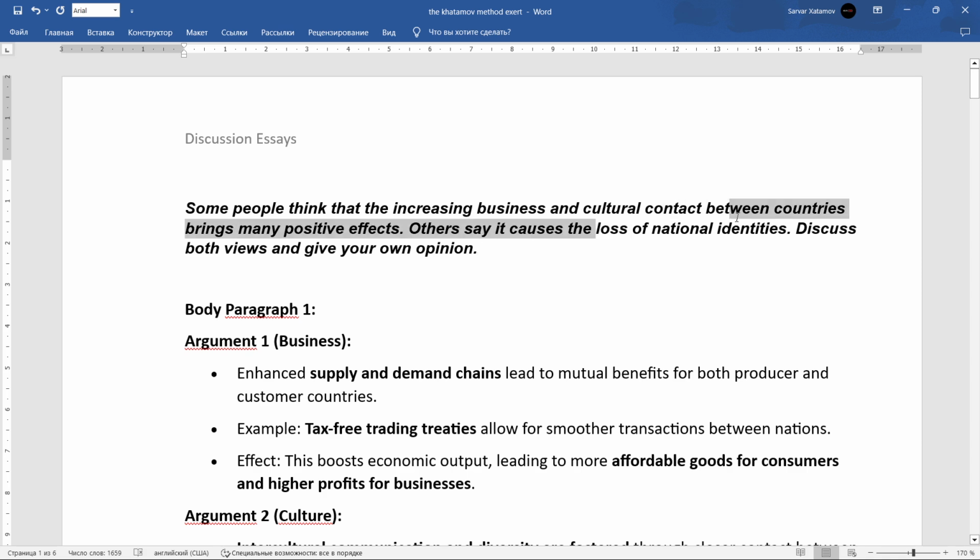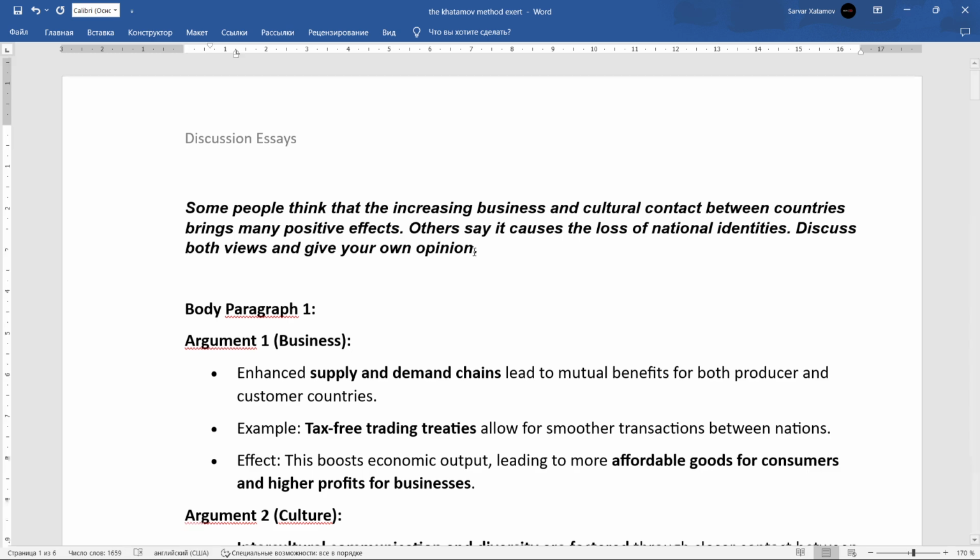The only difference is that the question that we have just talked about does not cover this part, because this one is discuss both views and give your own opinion. And this is actually an excerpt from my book called Karamov Method, a method that I use on my own, a method that I teach my students. It's a little bit complicated stuff because it focuses on pretty much everything, right? So this is a discussion essay, but it fits the topic well.